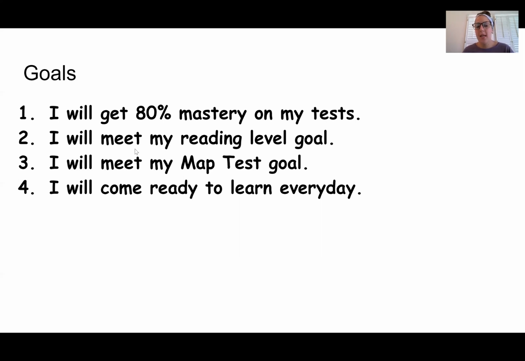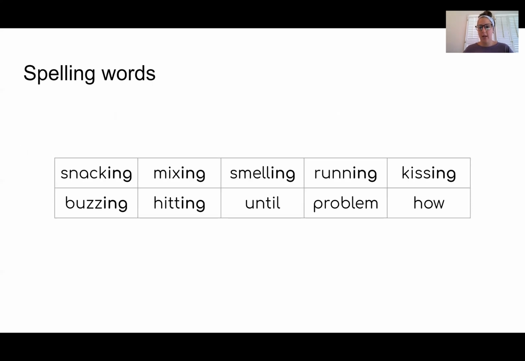I will meet my reading level goal. I will meet my math test goal. I will come ready to learn every day. Very good, second graders. Kiss your brains. All right, let's start meeting those big goals and let's get started with our learning.